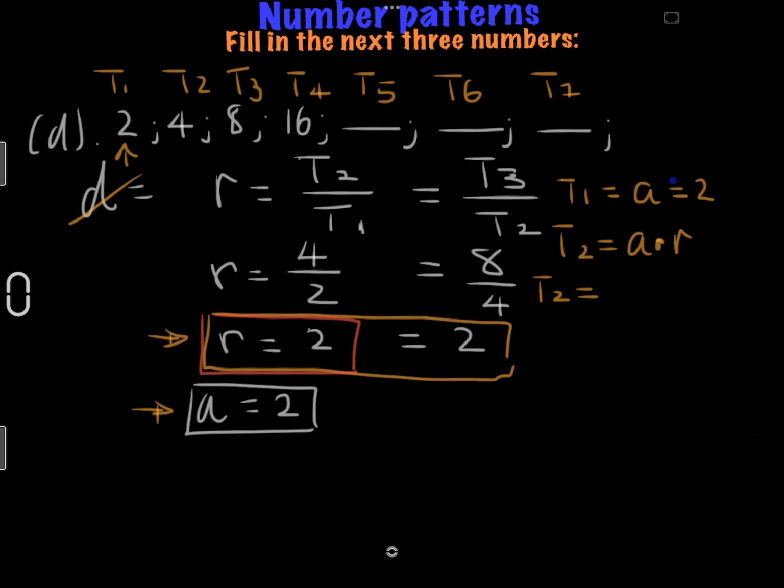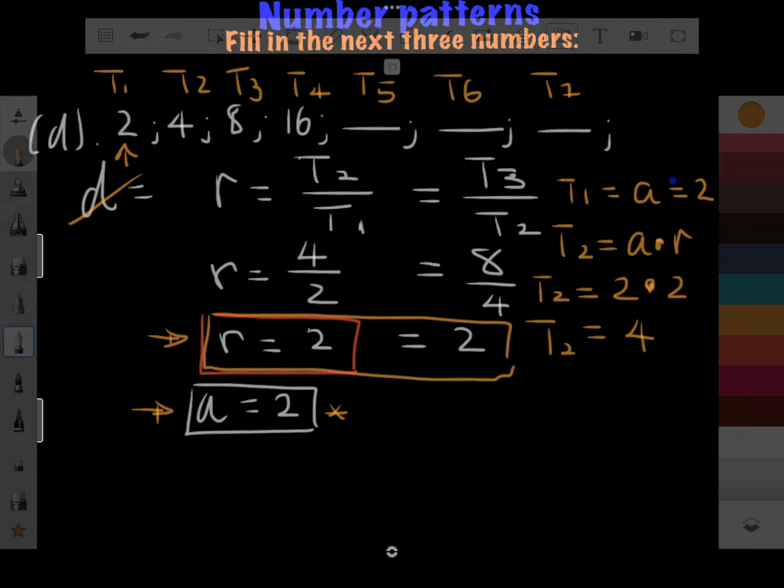A is 2, multiplied by R, which is 2. So 2 times 2 gives us 4. So what this means is that term 2 is equal to 4.